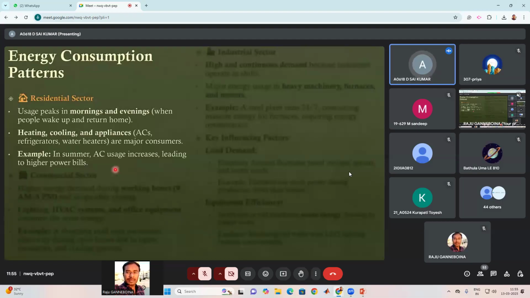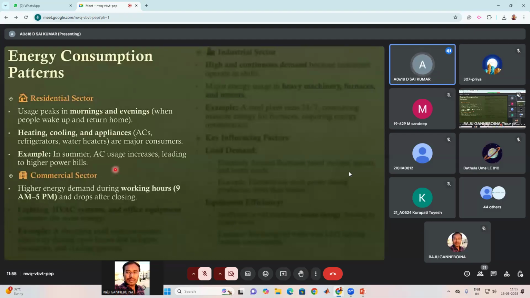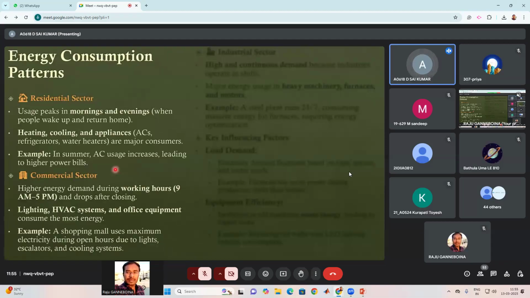The next sector is the commercial sector, where energy demand is higher during working hours, like 9 a.m. to 5 p.m., and drops after closing. Lighting, HVAC systems and office equipment consume the most energy. An example is a shopping mall, which uses maximum electricity during open hours due to lights, escalators and cooling systems.